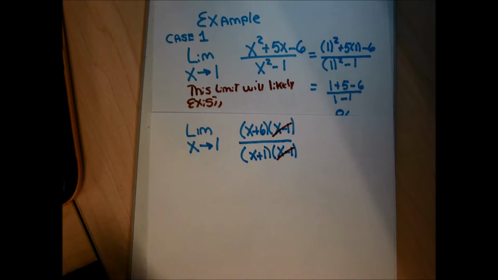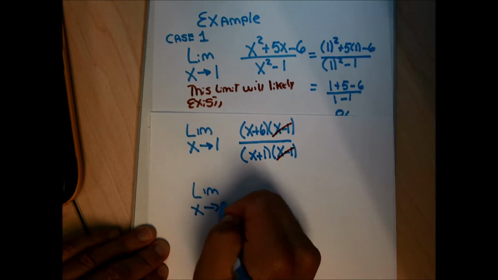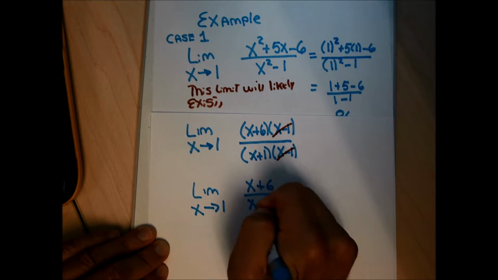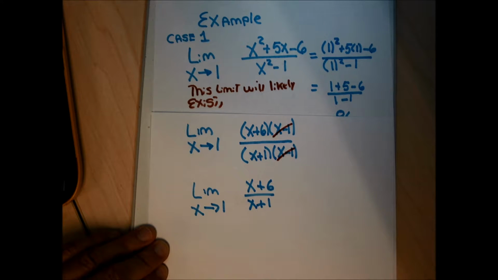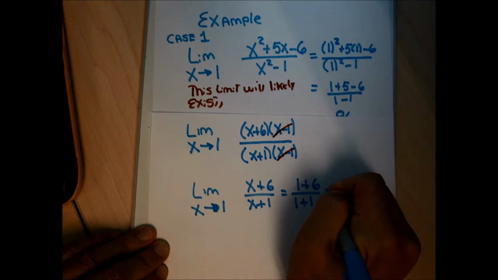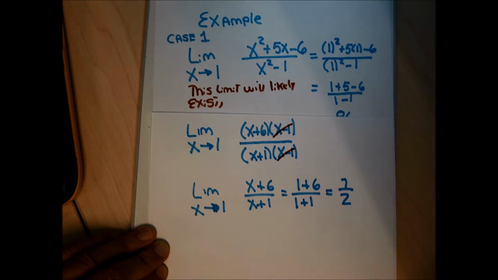And when I do that, I get the limit as x approaches 1 of x plus 6 over x plus 1. And now I'm going to attempt to plug the 1 in again. And when I plug the 1 in this time, I'm going to get 7 over 2, which is 3.5.